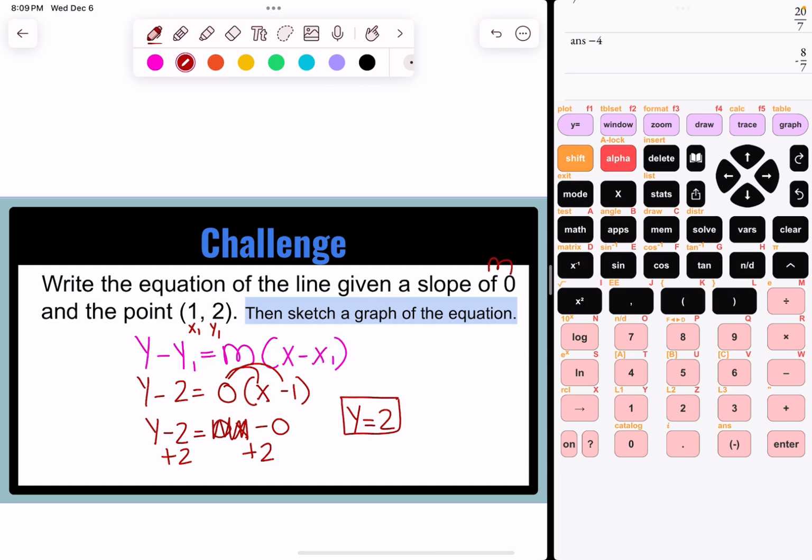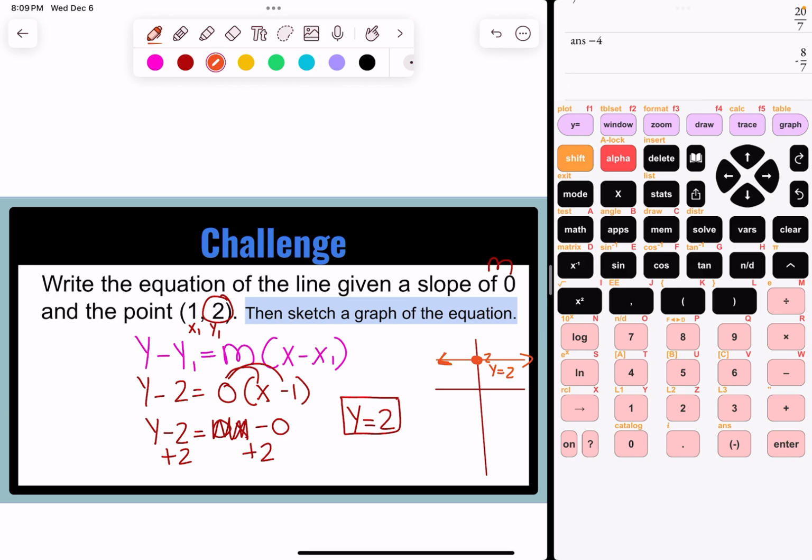Anytime you have a slope of 0, your equation is going to end up being y equals without an x value. And then I just look for the y value, and it's a y value of 2. To graph this, to go to y equals 2, you would go up 2 and put a point. And then make a horizontal line through it, and that is what the graph of y equals 2 looks like.